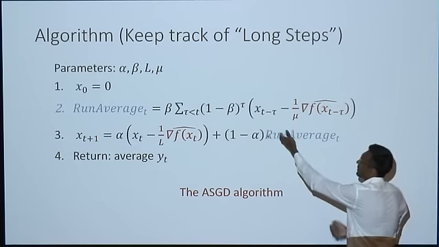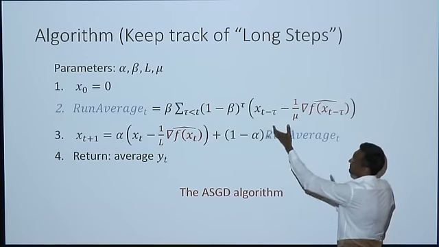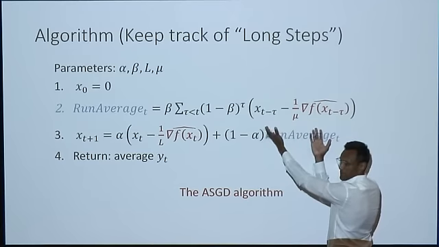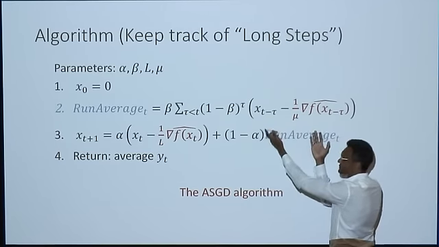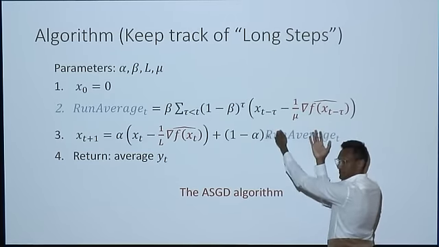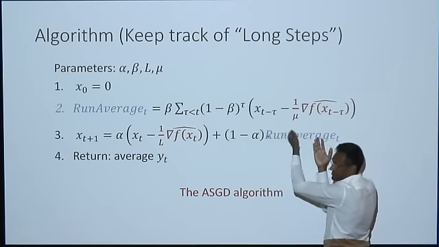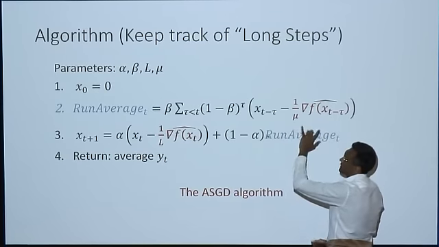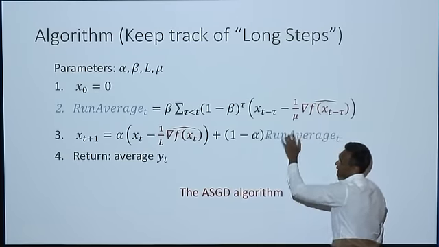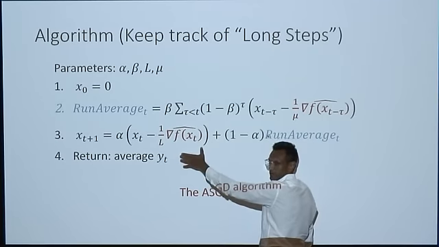So the idea now is to simulate what would happen if I use a large learning rate. This is just a one-step update with a large learning rate. I can't just use the large learning rate because I'll diverge, but I could keep a running average of this and then slowly mix this in.